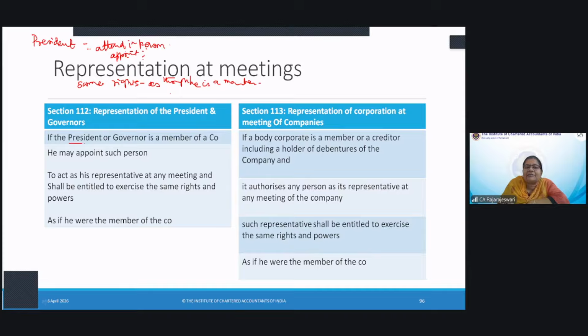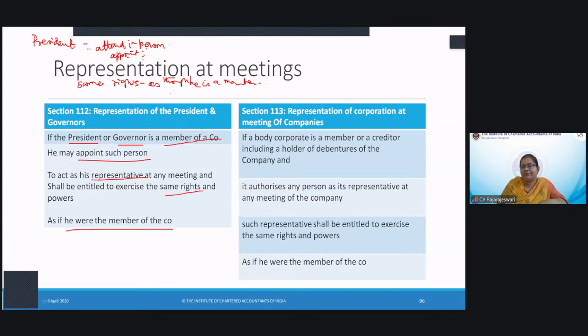If the president or the governor is a member of the company, he may appoint such person to act as his representative at any meeting and shall be entitled to exercise the same rights and powers as if he were the member of the company. So if the president appoints Mr. A as his representative, then Mr. A, as though he holds the share, has the same rights that could be exercised by him.